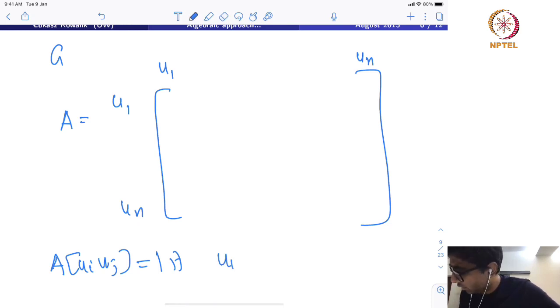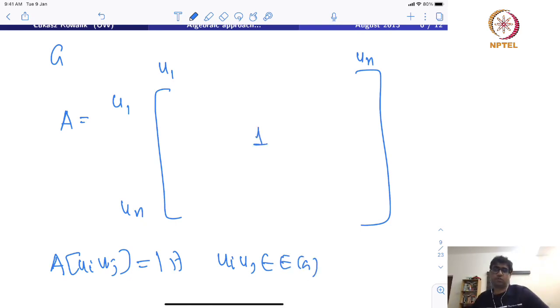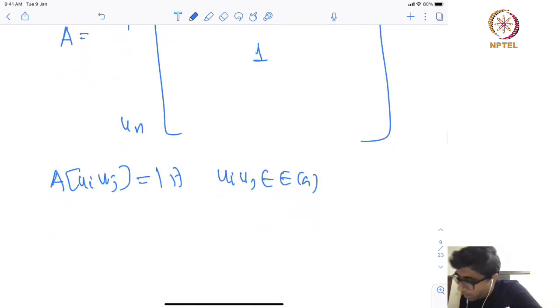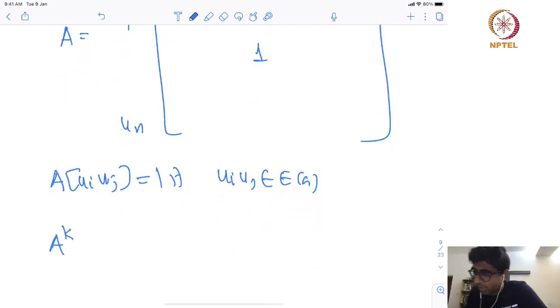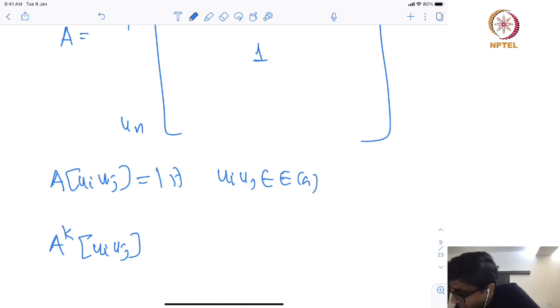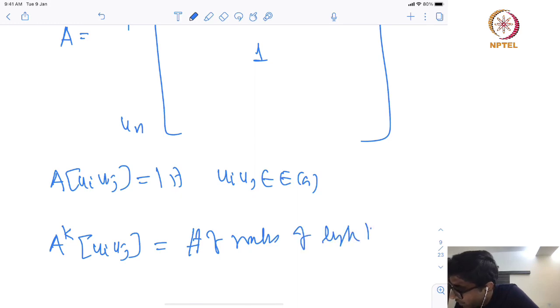Then you put 1 here, 0 otherwise. So, this is the adjacency matrix, and if you look at the kth power of A, and you look at this entry i comma j, then this is nothing but the number of walks of length k from ui to uj.